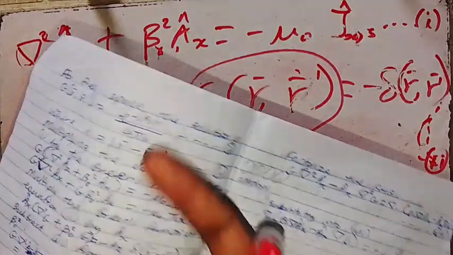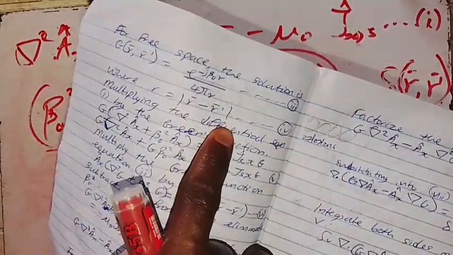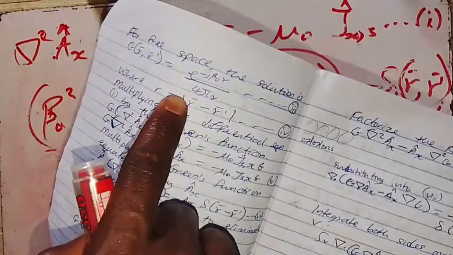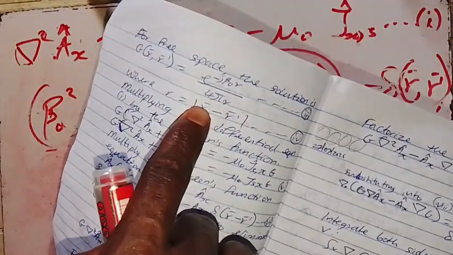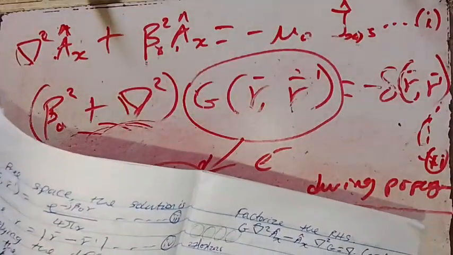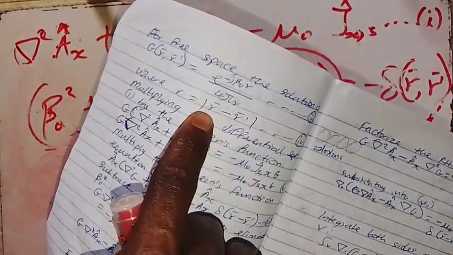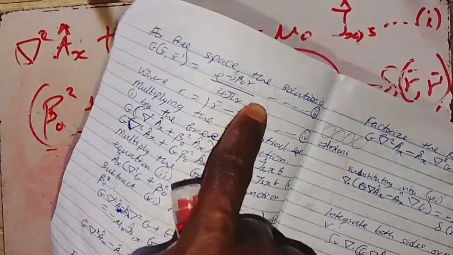But this R we have here equals the modulus of R bar minus R bar prime.